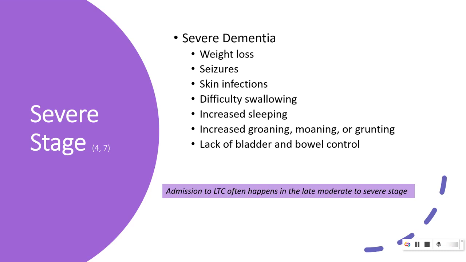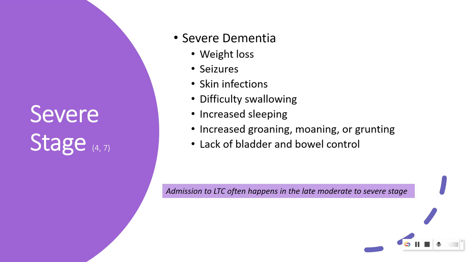So if you learn how to control your bladder after you've learned how to control your bowel, then you forget how to control the bladder first, and then you have bladder incontinence, and then you have bowel incontinence. So oftentimes it's the loss of bowel and bladder that makes the caregiver realize that they cannot keep up with the person who has dementia.